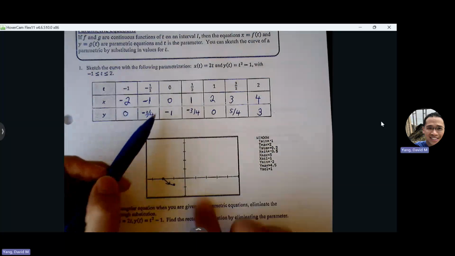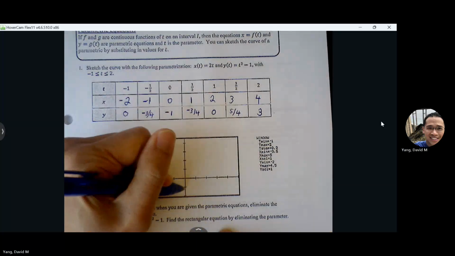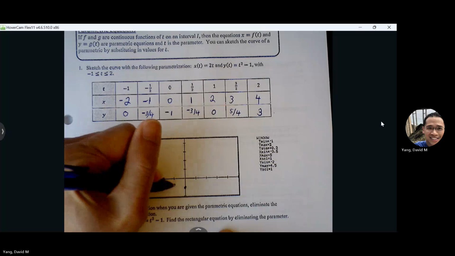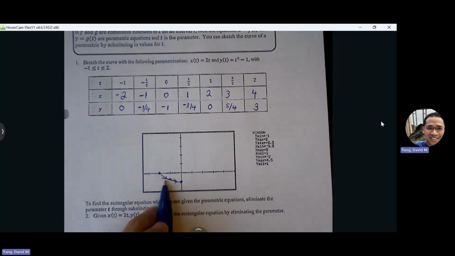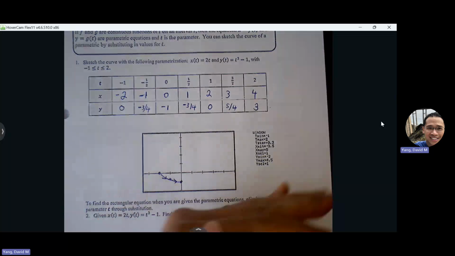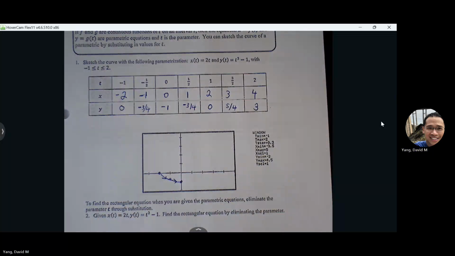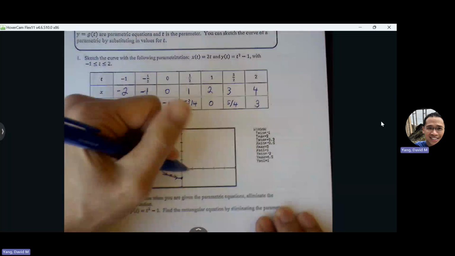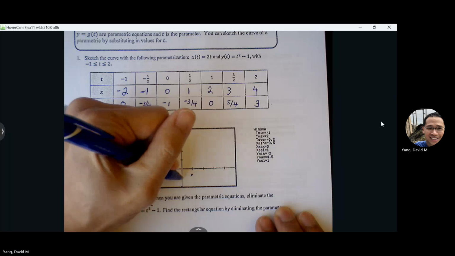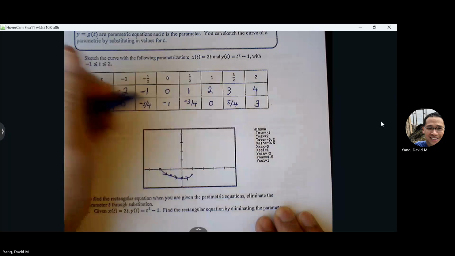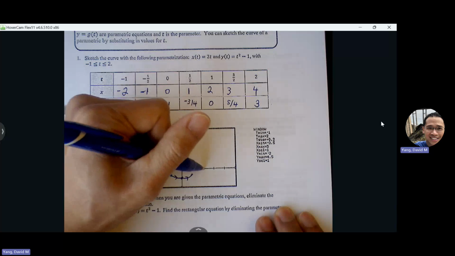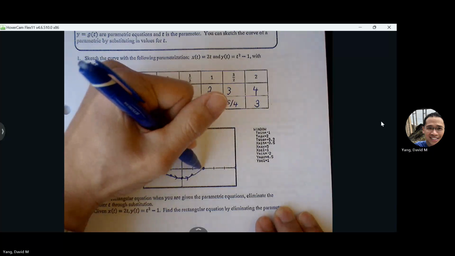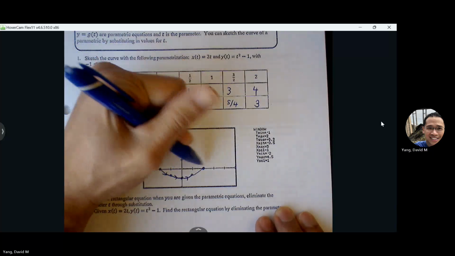Okay, so next up, (0, -1). Using arrows here to indicate the movement of my graph. Next up, (1, -3/4). Next up, (2, 0). (3, 5/4).